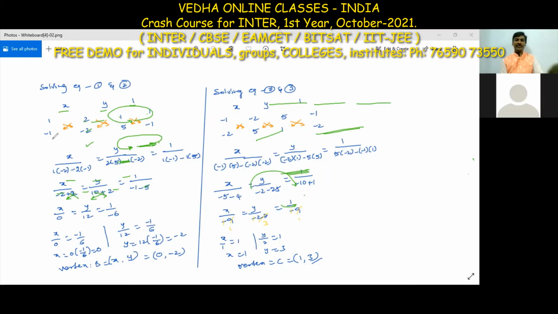For equation 2, the same. Then x divided by: 1 into -2 minus 2 into -1, equals y divided by 2 into 5 multiplied, these two minus these two.